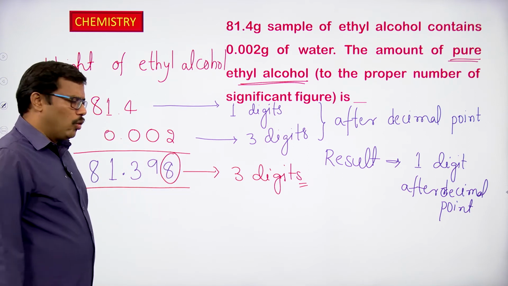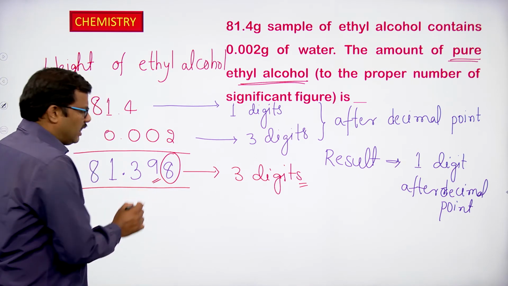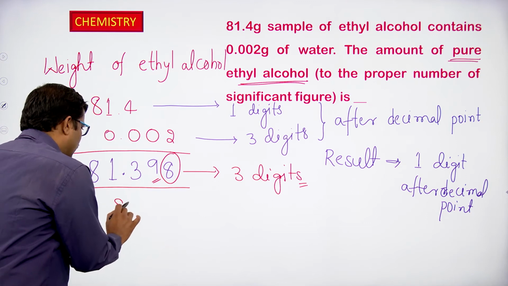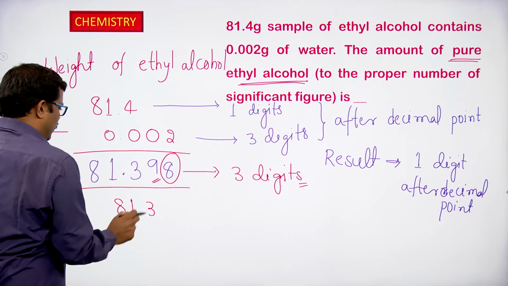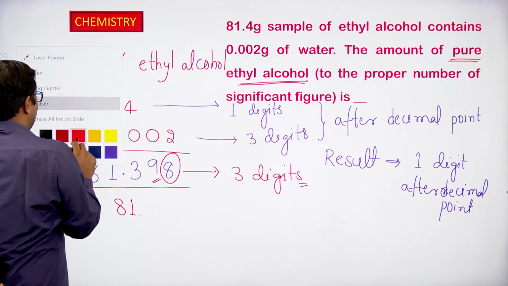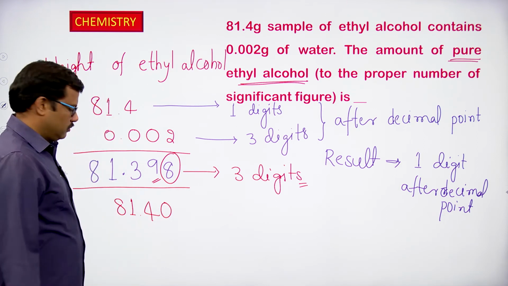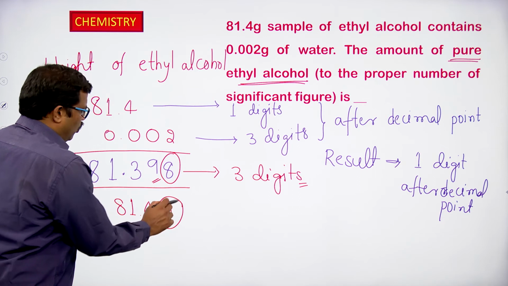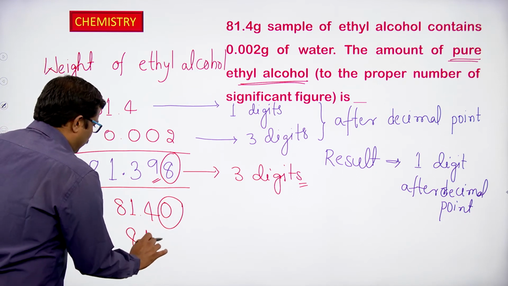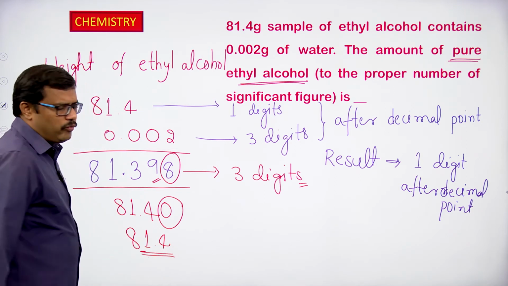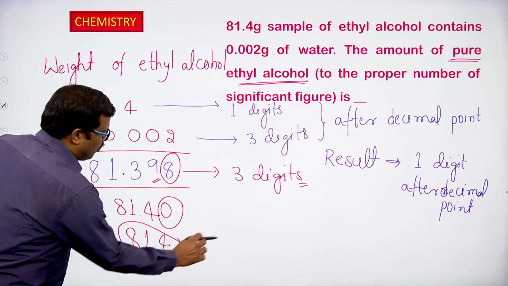The rightmost digit to be removed is greater than 5, so the preceding number has to be increased by 1. When we add 1 to 9, 39 becomes 40. Now, if the rightmost digit to be removed is less than 5, there is no change in the number; you keep it as it is. So, the preceding number is kept 4 only, and the answer for this result should be 81.4.